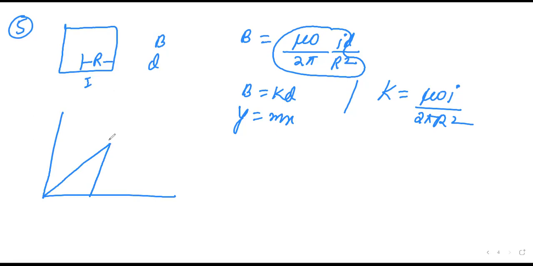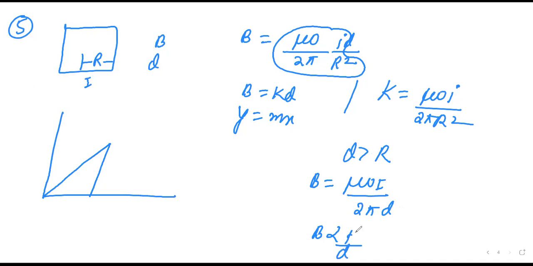Then, for the maximum value, when d becomes greater than the radius, B comes out to be mu naught I upon 2 pi d. So B is here inversely proportional to distance, whereas before it was directly proportional. That's why there was a straight line.